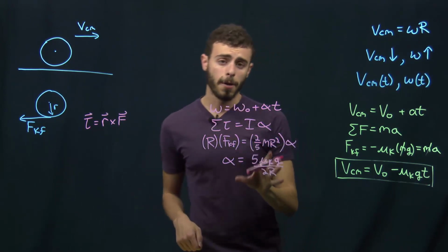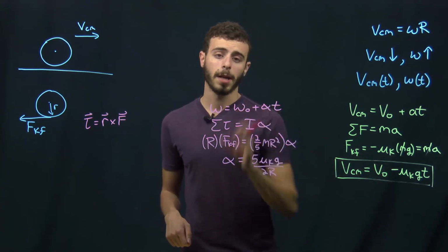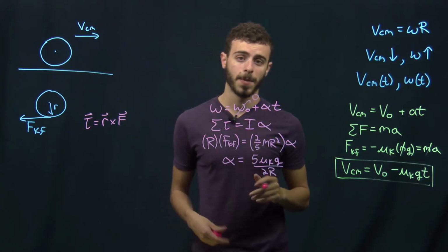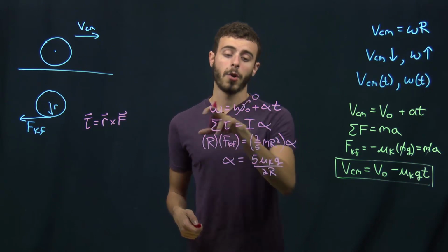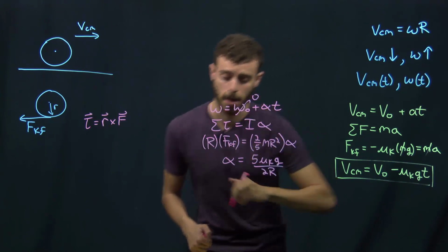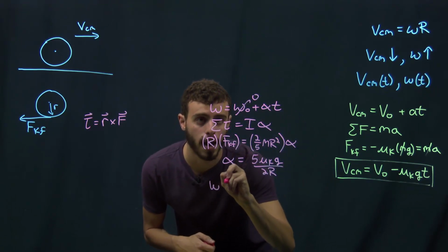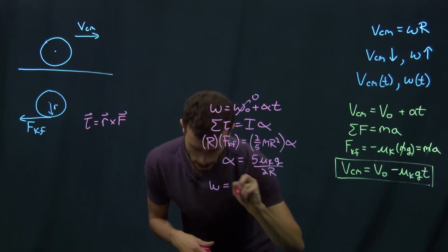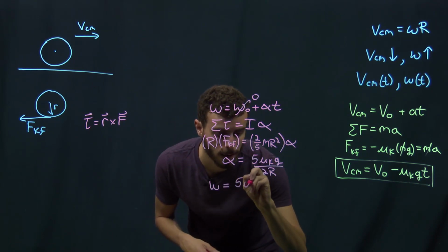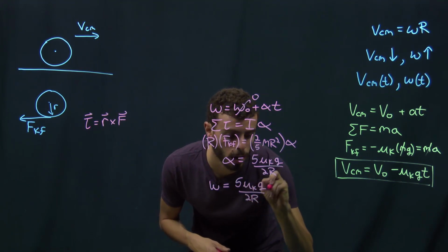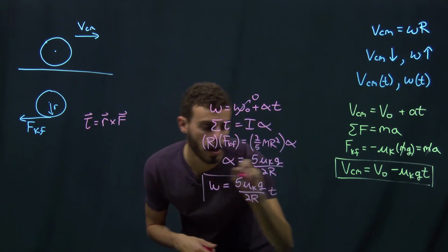And so once we have this alpha, similarly to over here, we'll plug that into the top, and we know our omega naught is 0. It starts with no rotation. So our omega as a function of time is just this alpha times time. So finally we have our second part of this relation here, which is to say omega should be equal to 5 mu k g over 2r, all of that times time.